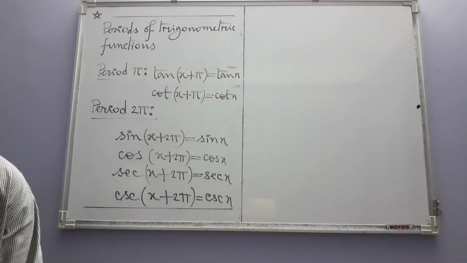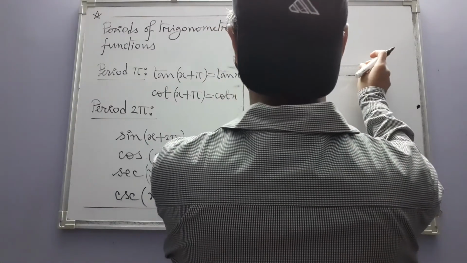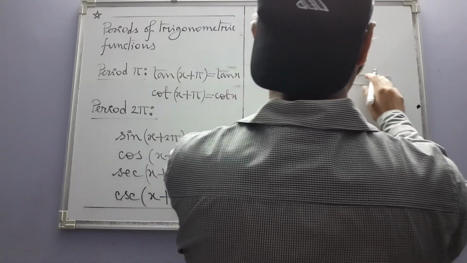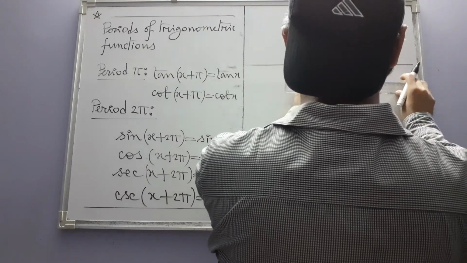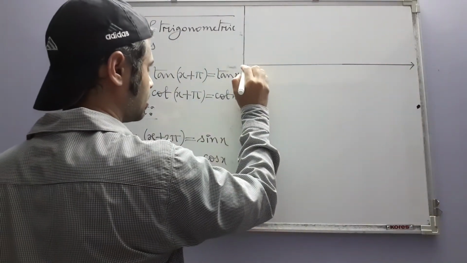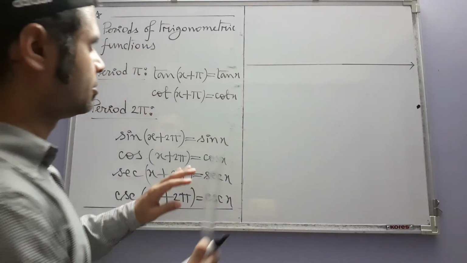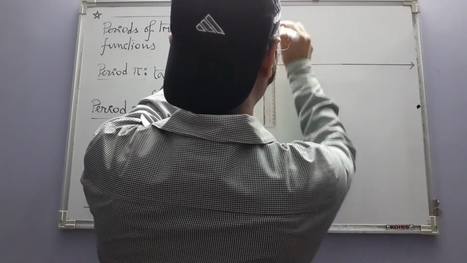Again, we are going to look at graphs. This is going to be slightly more complicated than our original graphs of the trigonometric functions because two graphs are going to be drawn at once.